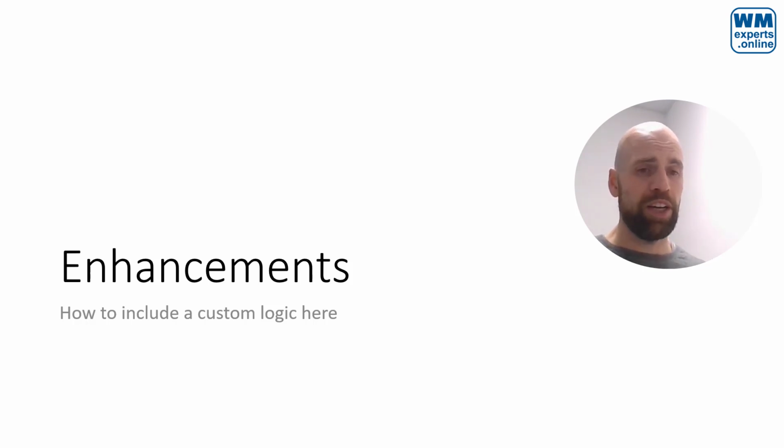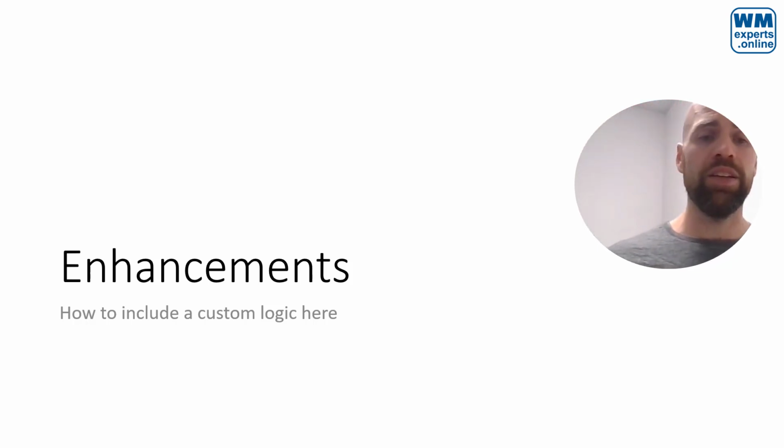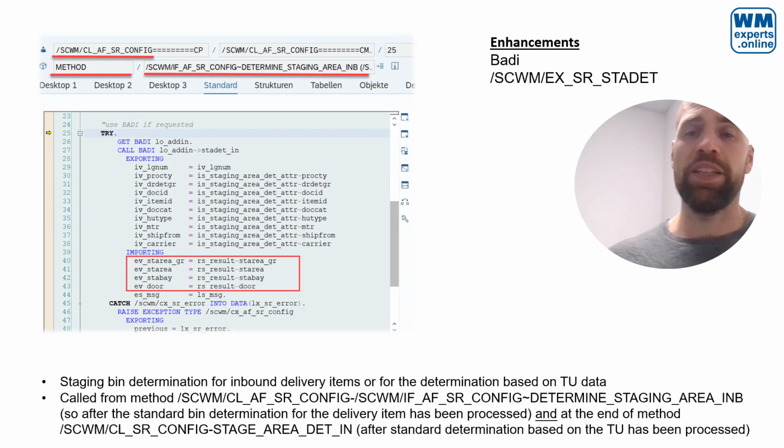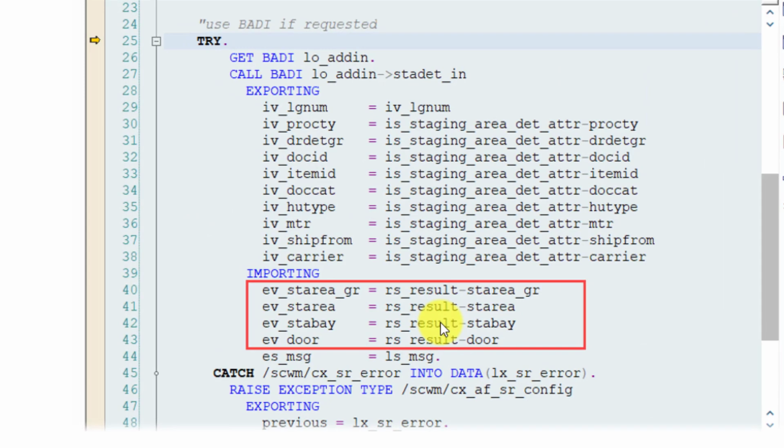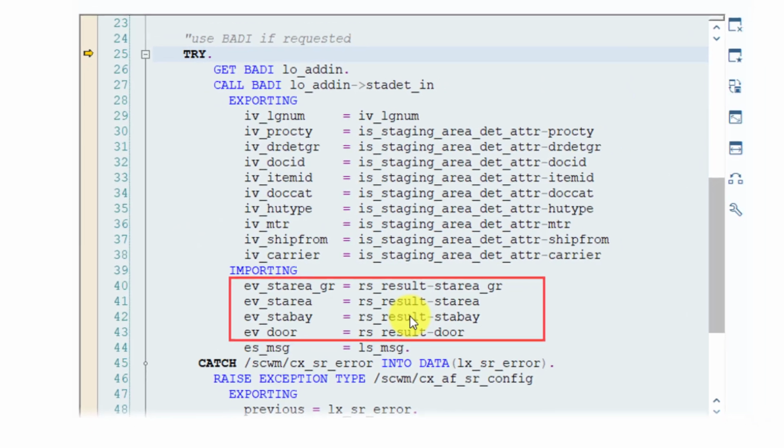Before I wrap up, just some quick options to enhance the logic here. There is BAdI /SCWM/EX_SR_STAGE_DET, which you can use for the staging bin determination for inbound delivery items or based on the TU data. So this is called at two places.